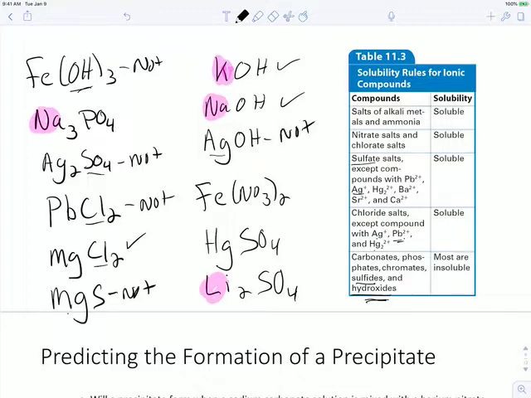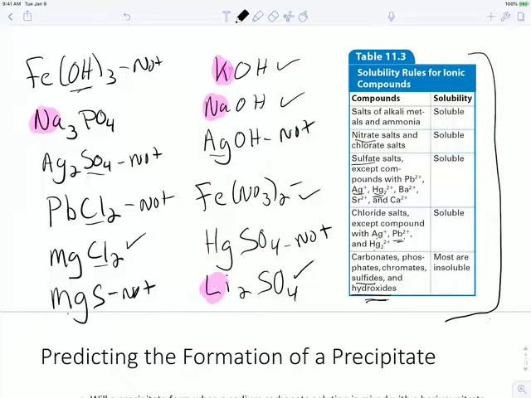Silver is not an alkali metal, so it's not soluble. For nitrate, remember all nitrates are soluble. It's going to stay dissolved. For mercury sulfate, mercury is one of the exceptions, so it's not soluble. And then we already talked about alkali is always soluble. So that's how you tell what's soluble and what's not.